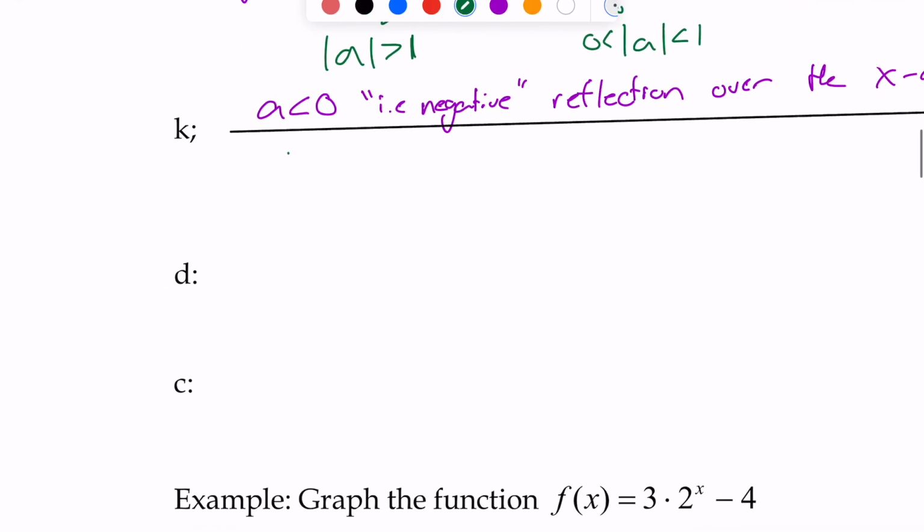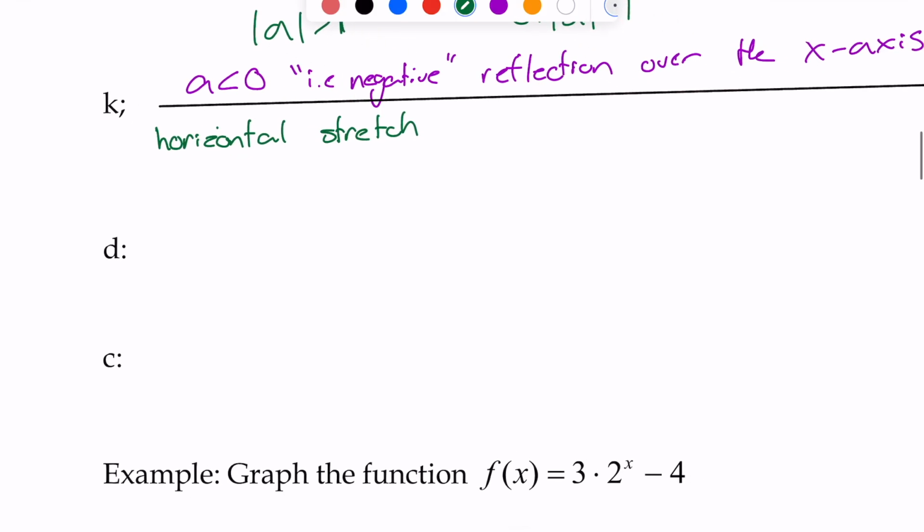So the k has to deal with horizontal stretch, right? And it's stretching when you see the magnitude of k is like a fraction, or compression when the magnitude of k is bigger than 1, right?